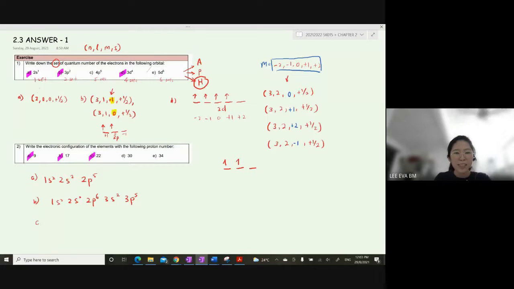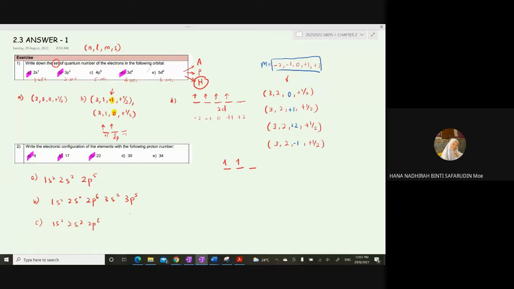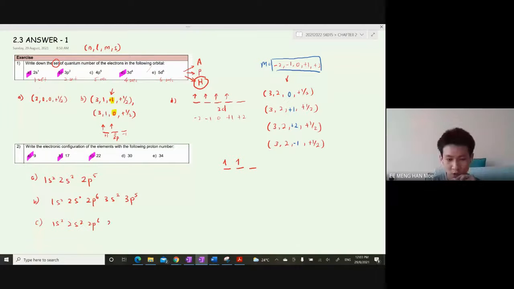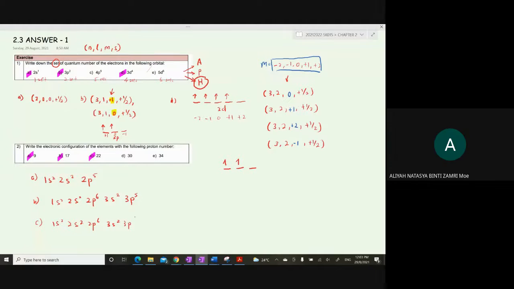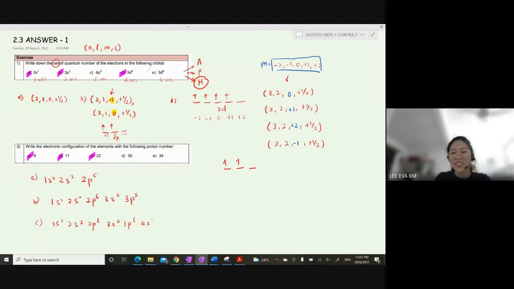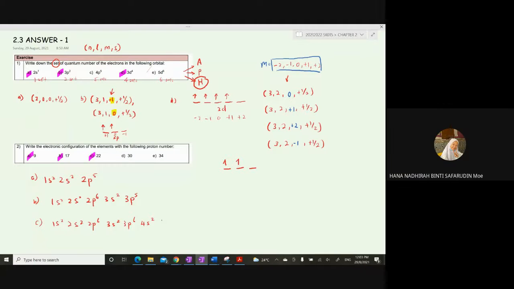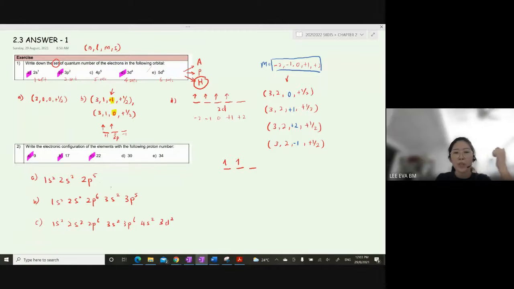Okay, how about for C? 1s2, 2s2, 2p6, 3s2, 3p6, 4s2, 3d2. So for those who wish to use the core electronic configuration, feel free.